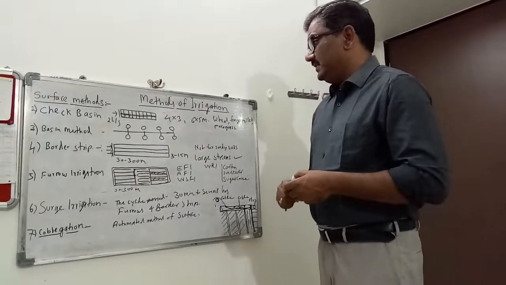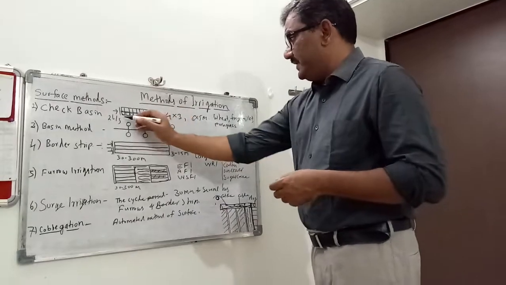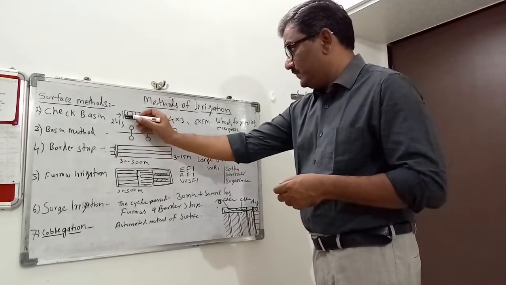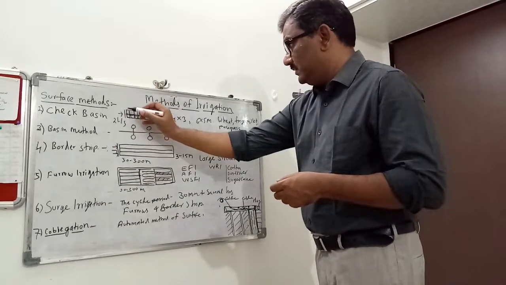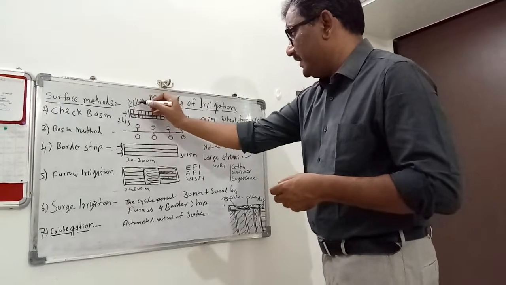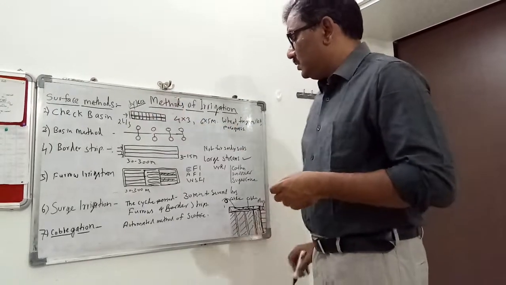In this method, the field is divided into several small plots surrounded by four bunds. These bunds are called dikes, or dykes.